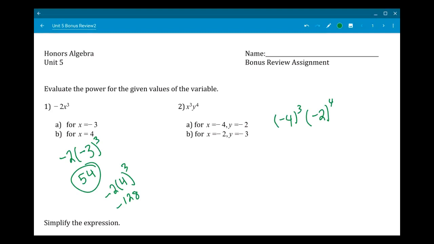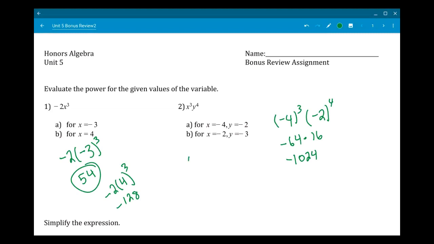So 4 cubed is 64. It's going to be negative 64 because we're using the negative 3 times. 2 to the 4th is 16. That'll be positive, though, because we're going to get 4 negative signs from there. 64 times 16 is 1,024. And it's negative because we had a negative times a positive. So for A, it should be negative 1,024.